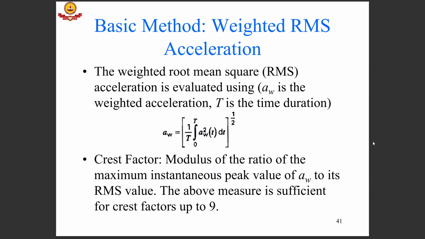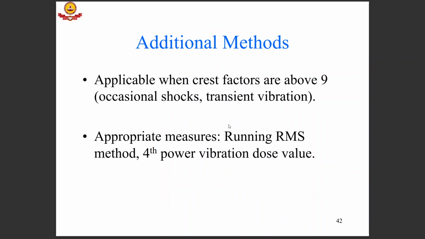Then there is something called crest factor, which is the modulus of the ratio of the maximum instantaneous peak value of AW to its RMS value. So if the crest factor is up to 9, this alone should suffice.